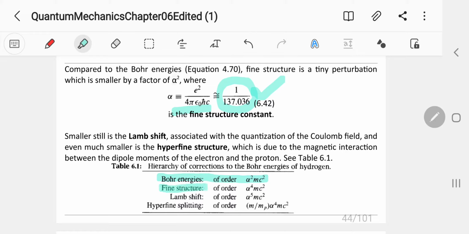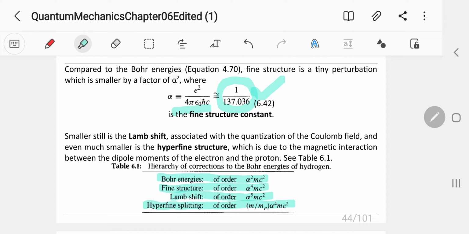Then you have a fine structure correction of the order alpha to the fourth mc squared. Lamb shift would be alpha to the 5 mc squared, and hyperfine splitting would be in the order of this one.